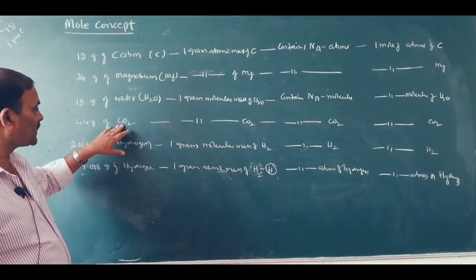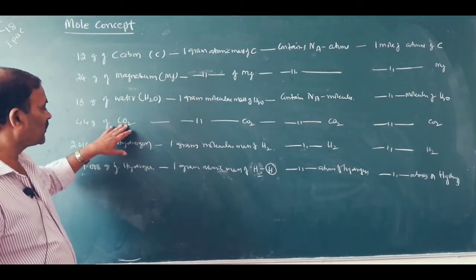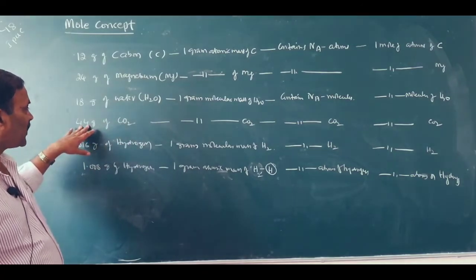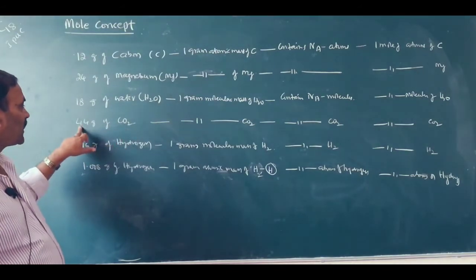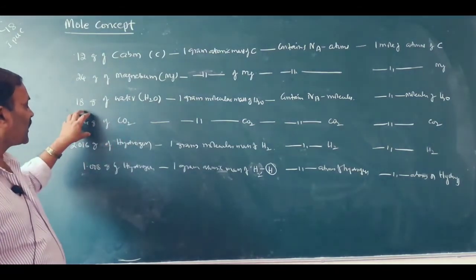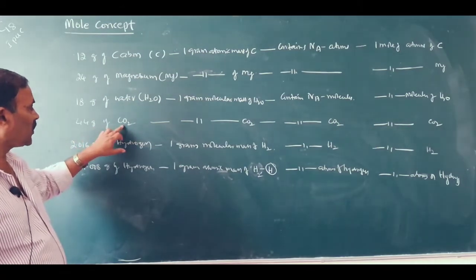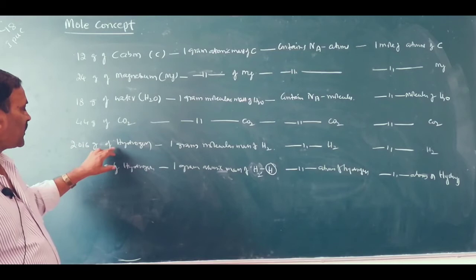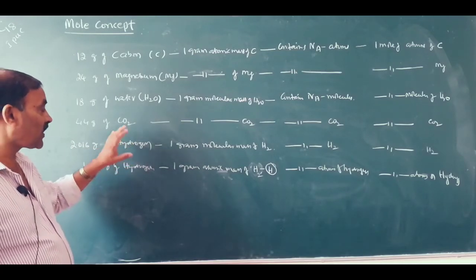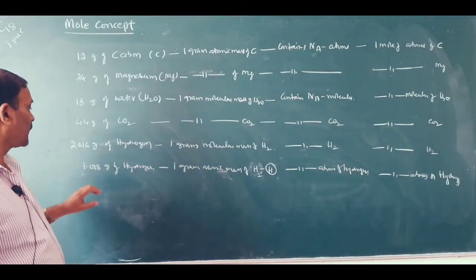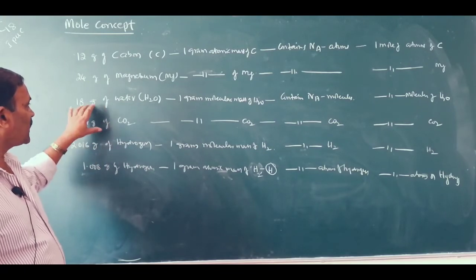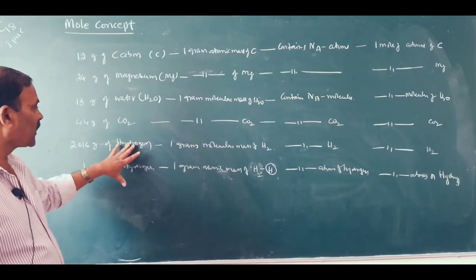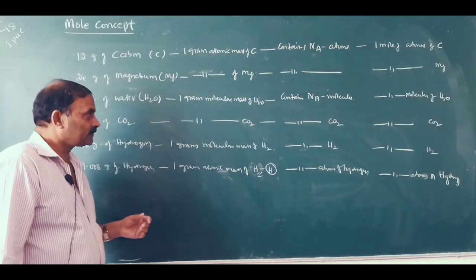Carbon dioxide's molecular formula is CO2, and its molecular mass is 12 plus 32, that is 44. 44 gram is called 1 gram molecular mass of carbon dioxide. 2.016 gram is the gram molecular mass of hydrogen molecule. 18 gram is the 1 gram molecular mass of water. So these are the compounds, maybe elements.